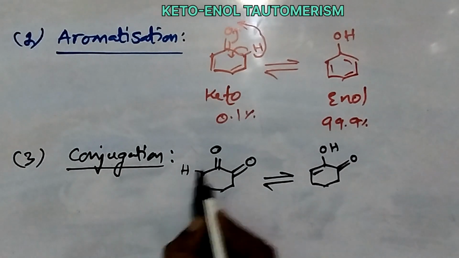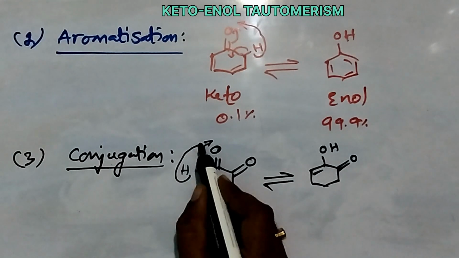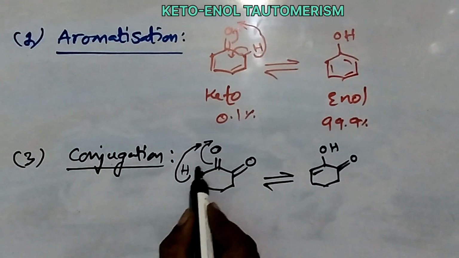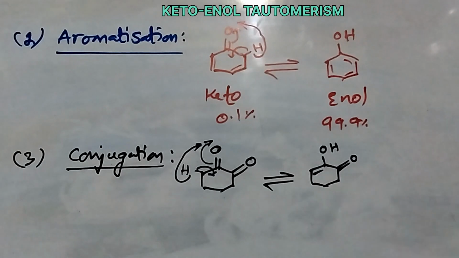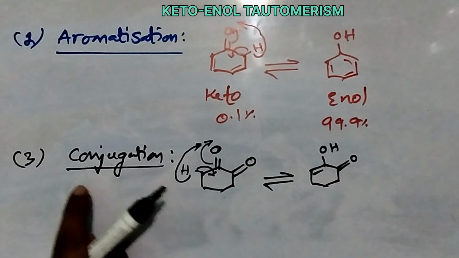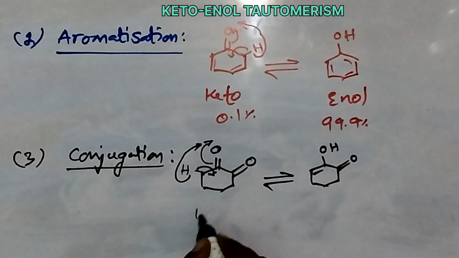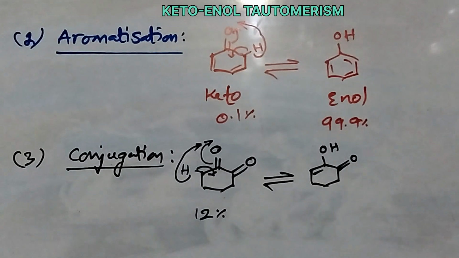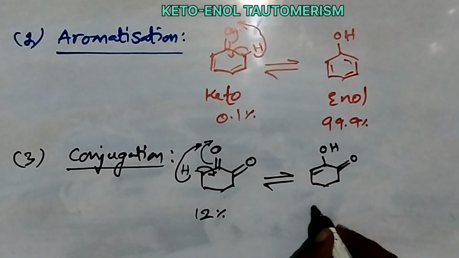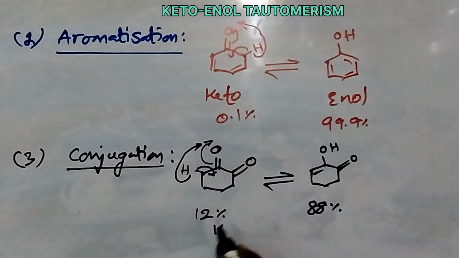From here one hydrogen will shift to oxygen, this pi bond will shift to an oxygen, then the sigma bond will shift as a pi bond. Now alternate double bonds came, so these are conjugated compounds. Conjugation is formed in these compounds. 12% is the keto form stability and 88% is the enol form stability.